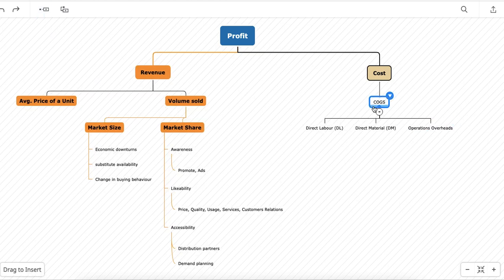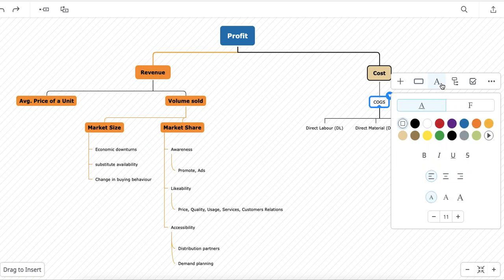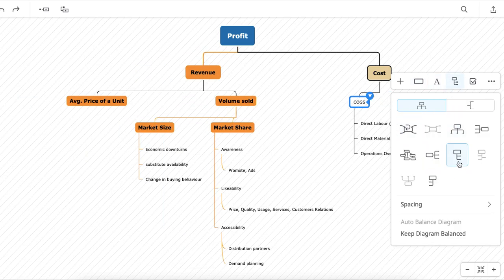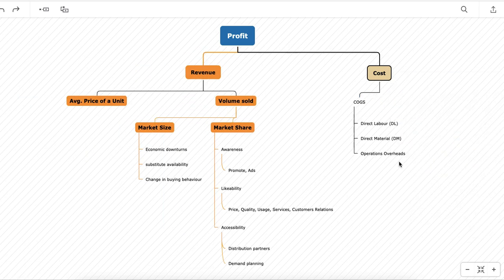Okay. Now why is it appearing this way? Just let me convert it. Yeah. Operations overheads. Direct labor and direct material are pretty evident, but operations overheads I'll disintegrate a bit more.